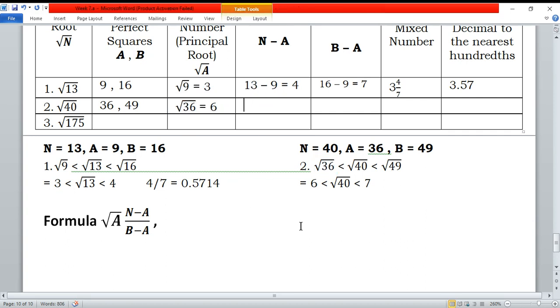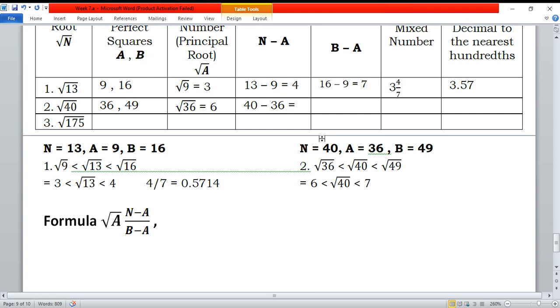Okay. Yan. Yung N natin ay 40. So, this will be 40 minus. Tapos, yung A natin ay 36. Okay. 36 equals. Anong katumbas nito? 40 minus 36. Wait lang.